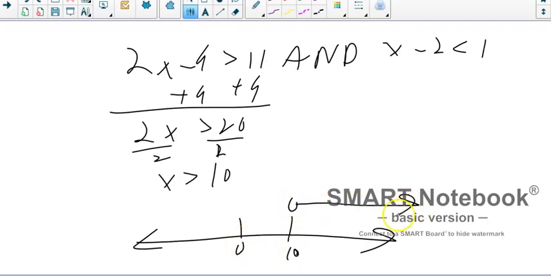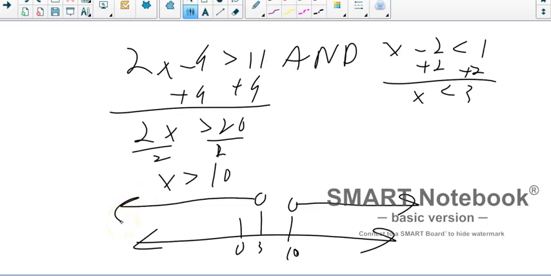Over here, I'm going to add 2 to both sides. X is less than 3. But this is the key thing here. This is an and statement. They're going opposite directions. There is no number that is less than 3 and greater than 10. Therefore, we have no solution. And that wraps it up.